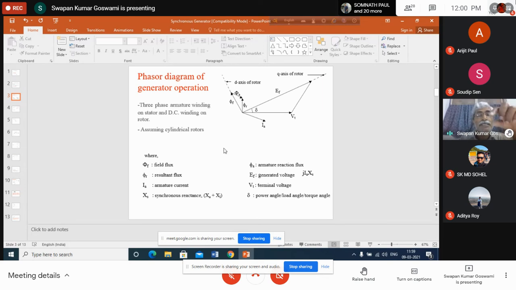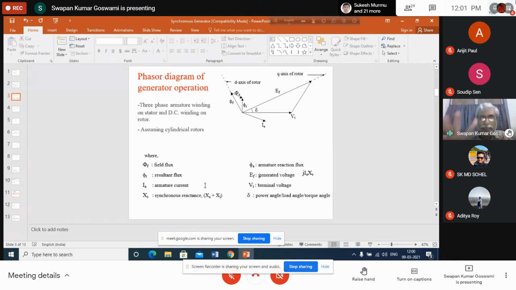Q changing means active power remains same, reactive power is changed. So what happened to the power factor of the generator? Power factor of the generator is changing. So in this way, by changing the field current, basically the power factor of the generator will be changing. I shall come to the phasor diagram later on. That will make these things more clear.